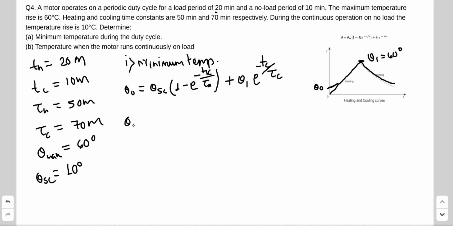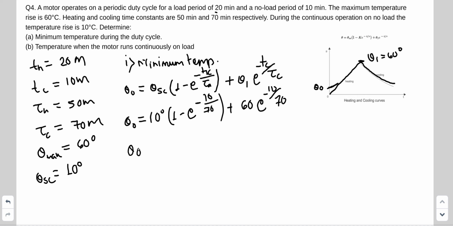So theta 0 will be, theta SC is given as 10 degrees Celsius, so 1 minus e power minus cooling time, which is 10 minutes, so 10 divided by cooling time constant, 70 minutes, plus theta 1 is given as 60 degrees Celsius and e power minus 10 divided by 70.